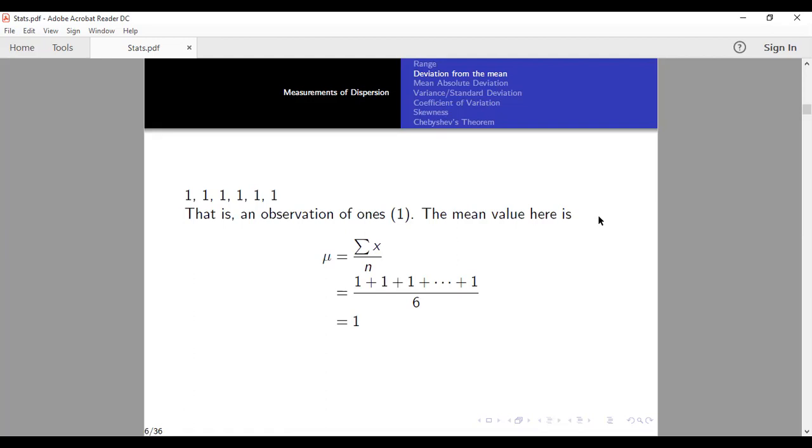Maybe half and quarter, but not too big like -3 and -2. So we expect values that will be closer to 1, not necessarily 1. But in such situations where the mean is the same as every other value of the data, the mean is a perfect describer of the data, because the mean is supposed to describe what the data is supposed to be like. What kind of values should we expect in the data given?